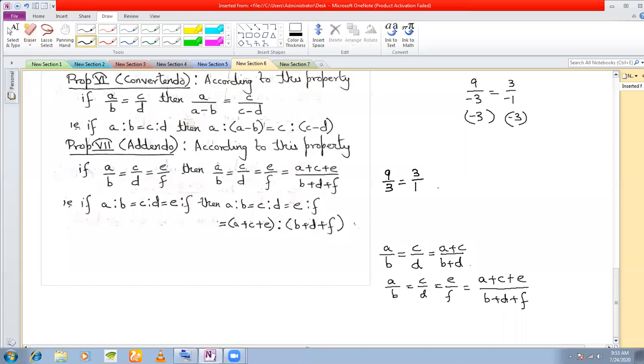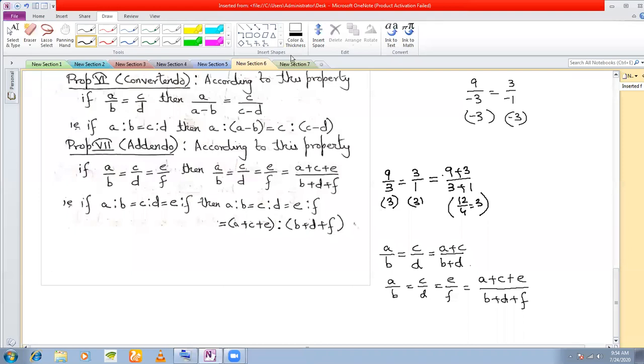This is a proportion. This proportion is the same as 9 plus 3 by 3 plus 1. Check whether this is equal to this or not. This is equal to 12 by 4, which is again equal to 3, isn't it? This is 3, this is 3. So these are the properties.